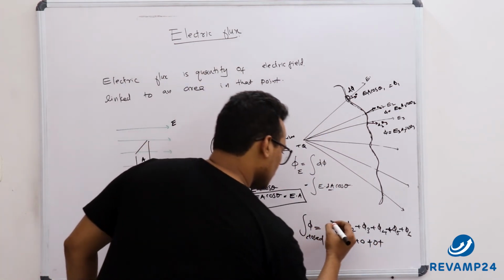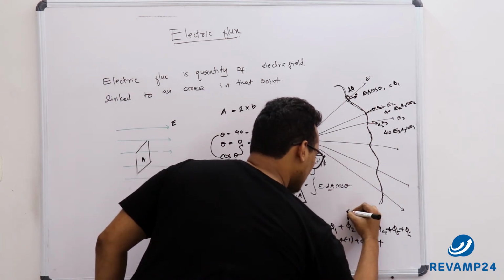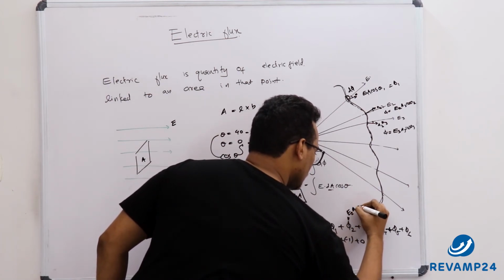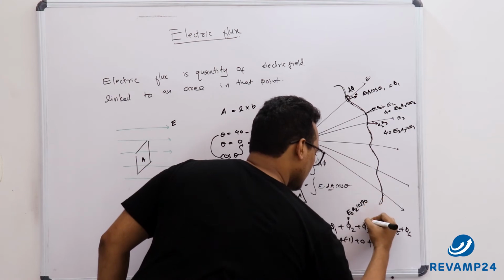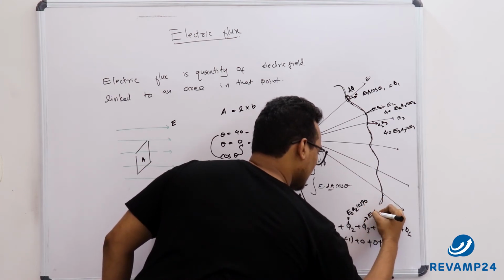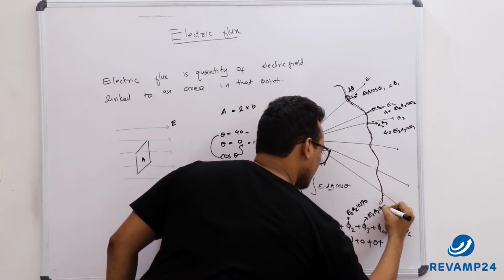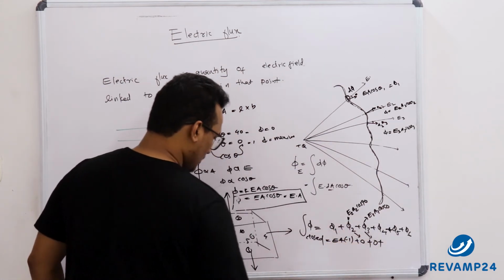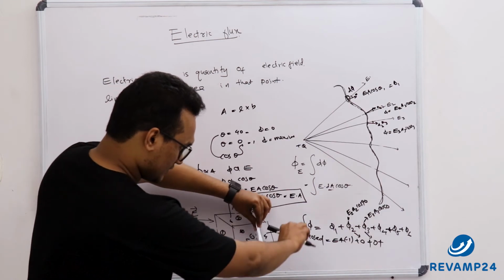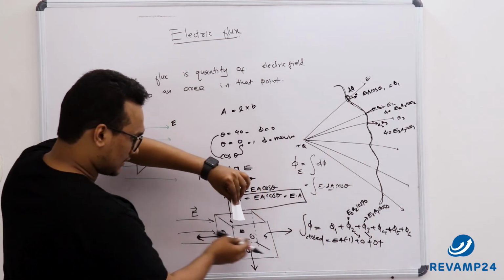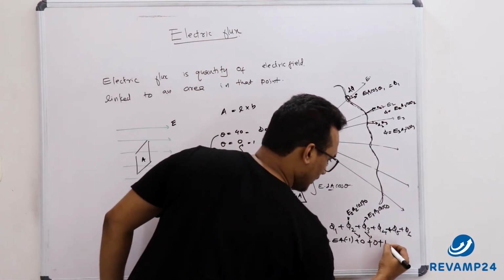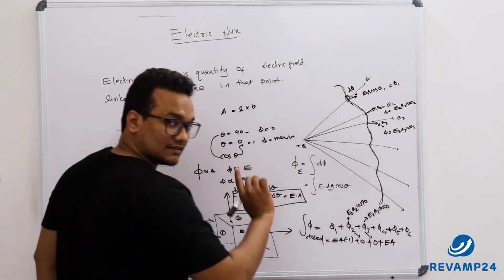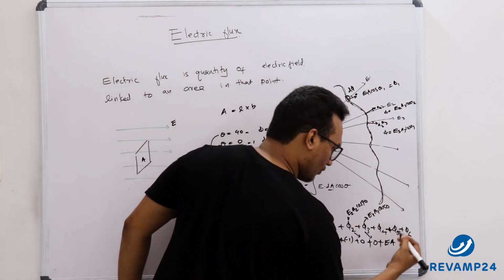So E2 A2 cos 90, E3 A3 cos 90. That is the reason this has become 0 here. Now 4 is this surface and the area is in this way. The electric field is also in this way. So EA, the angle is 0 here, so EA cos 0, that is 1.